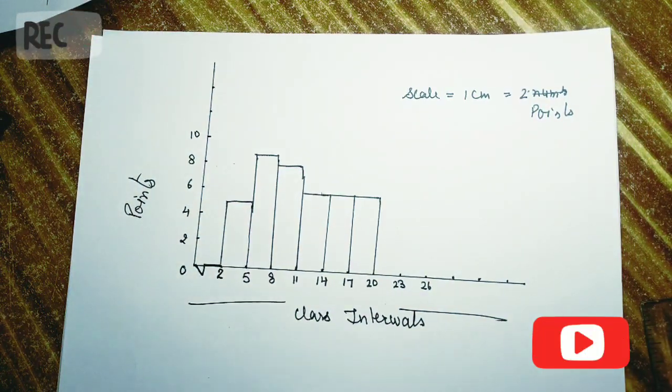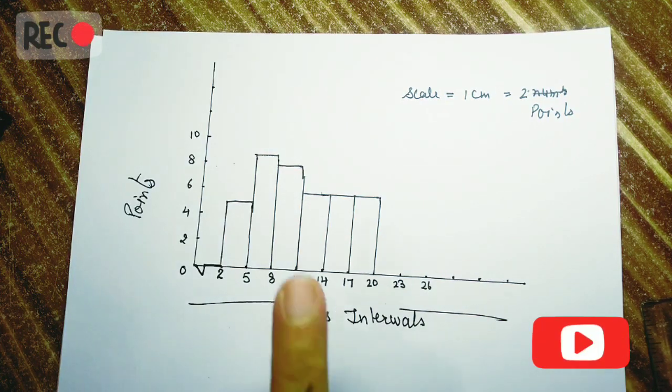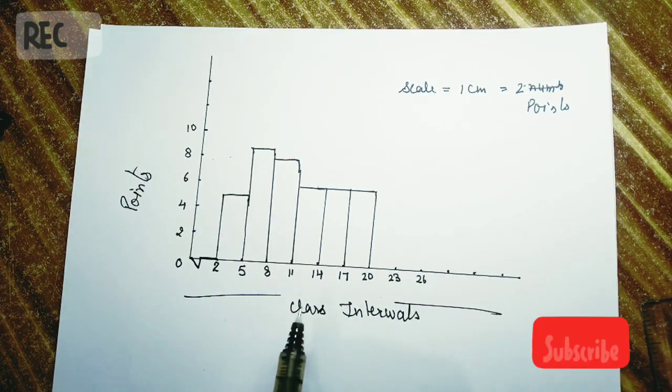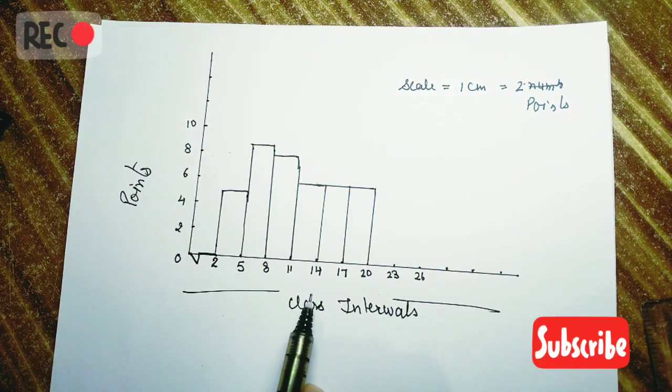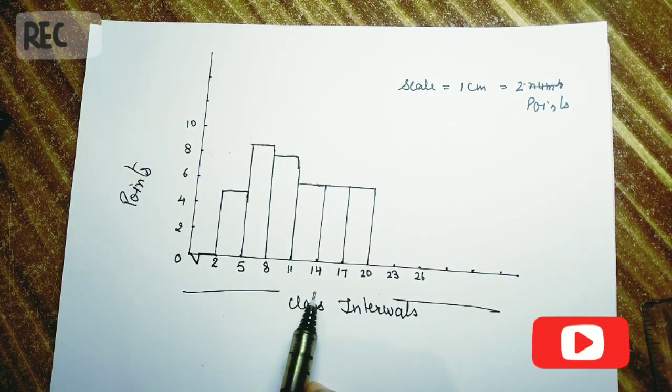Now question number 4. Question number 4 is exactly like question number 3. Same in this question also, we have to draw the frequency distribution table, and then after that we have to draw a histogram. Okay. Now come to question number 5.